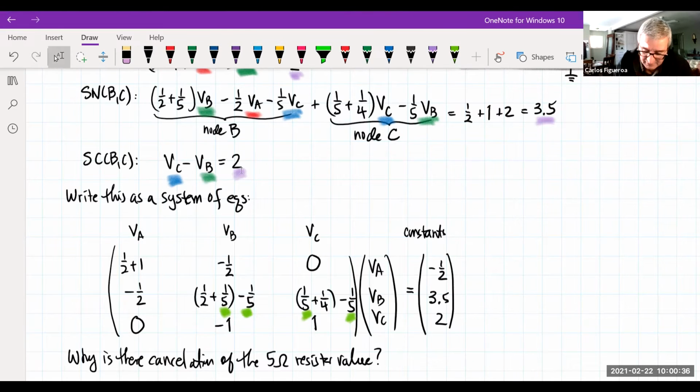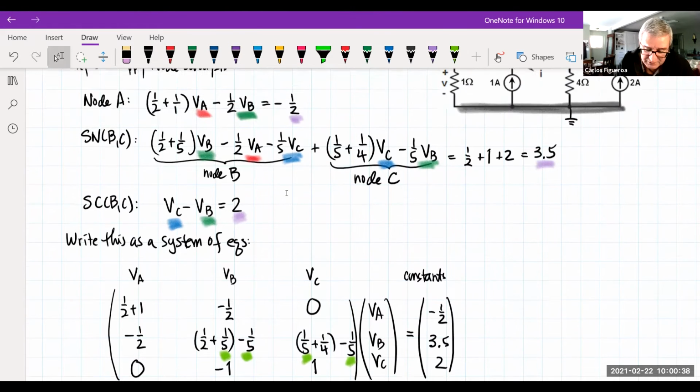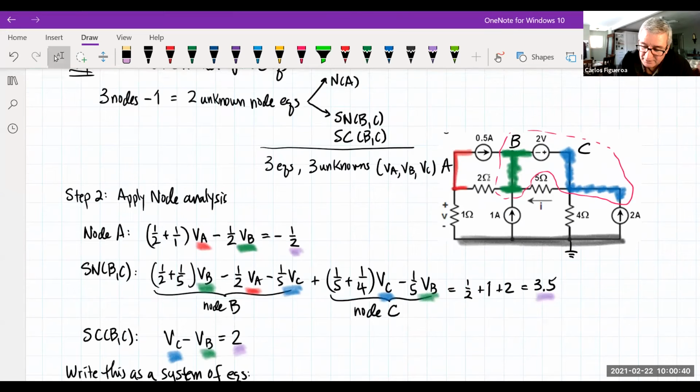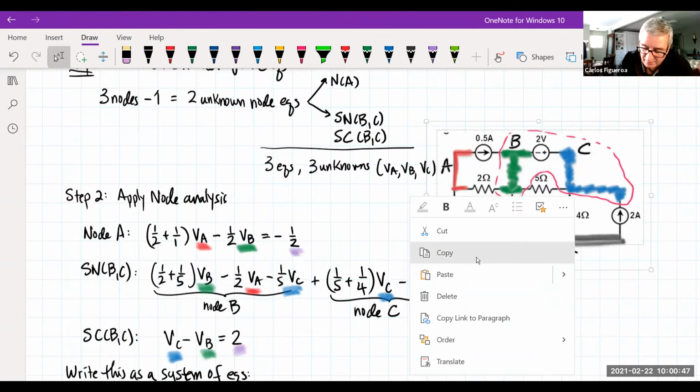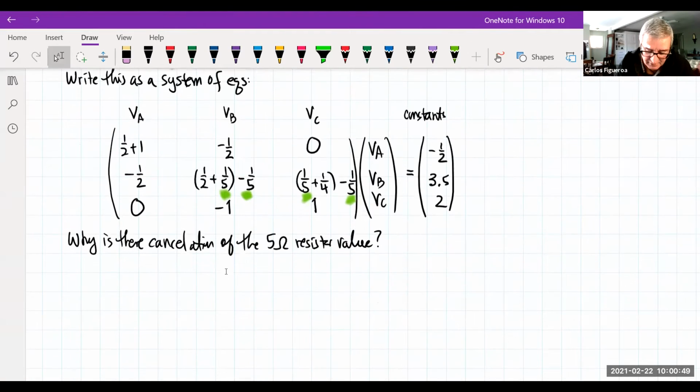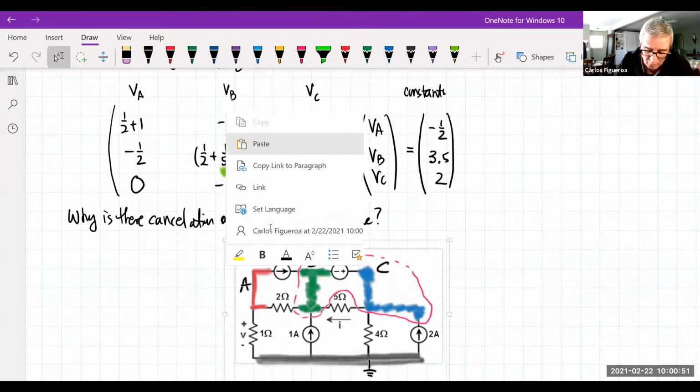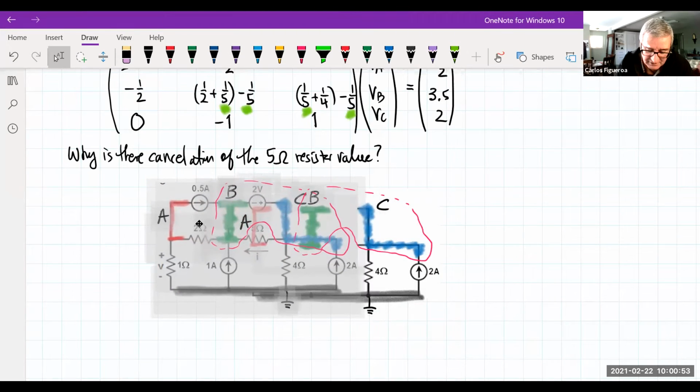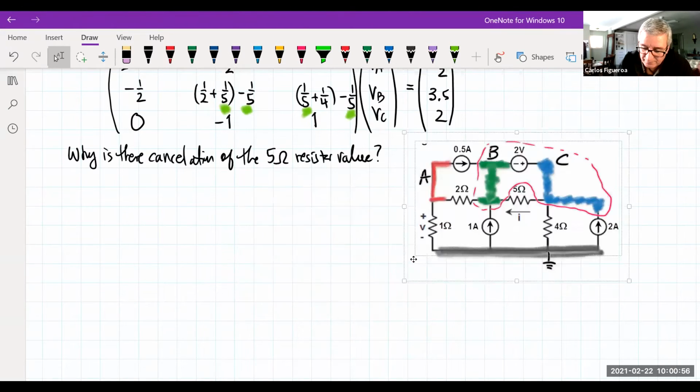And to answer the question, you've got to go look at the circuit here. So let's go look at this circuit right here. And if you look at the circuit, what you're seeing here is something very unusual.